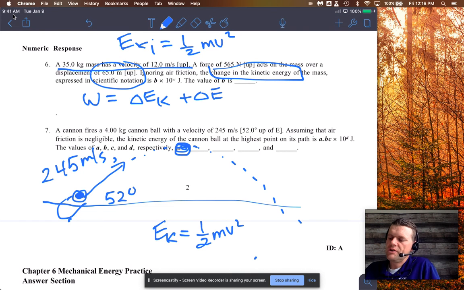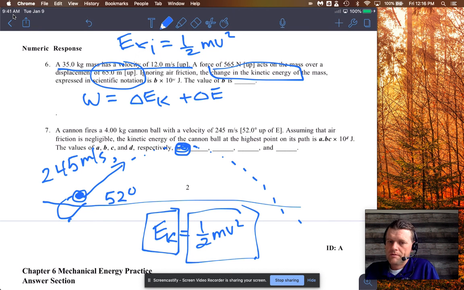This one just wants the kinetic energy at that height. We don't necessarily need to analyze how much energy it had to start with, although that can help you. But if the question just says, what is the kinetic energy at its highest point? This is what you need. We already know the mass. We just need to know what the velocity is at its highest point.